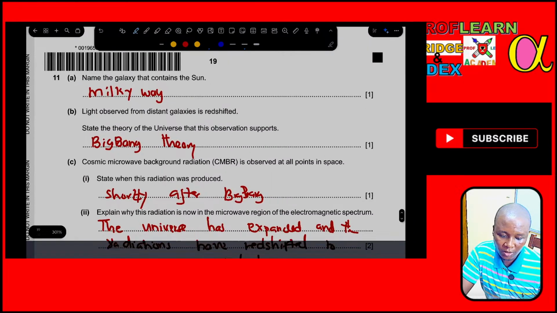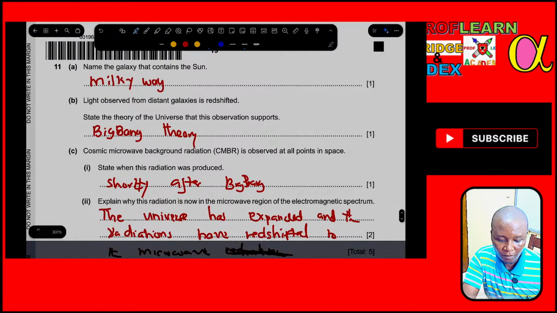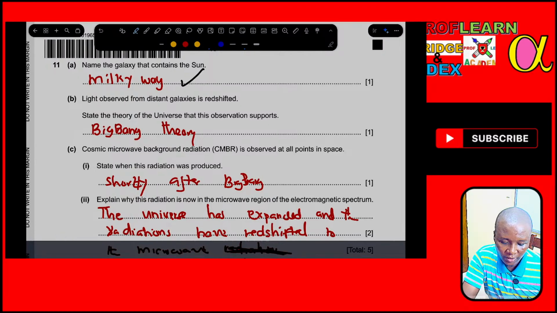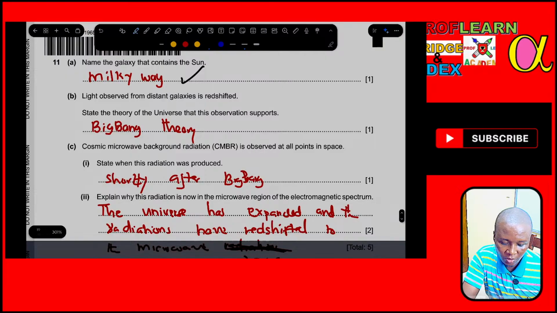Name the galaxy that contains the sun. This is the Milky Way. State the theory of the universe that explains why light observed from distant galaxies is redshifted.